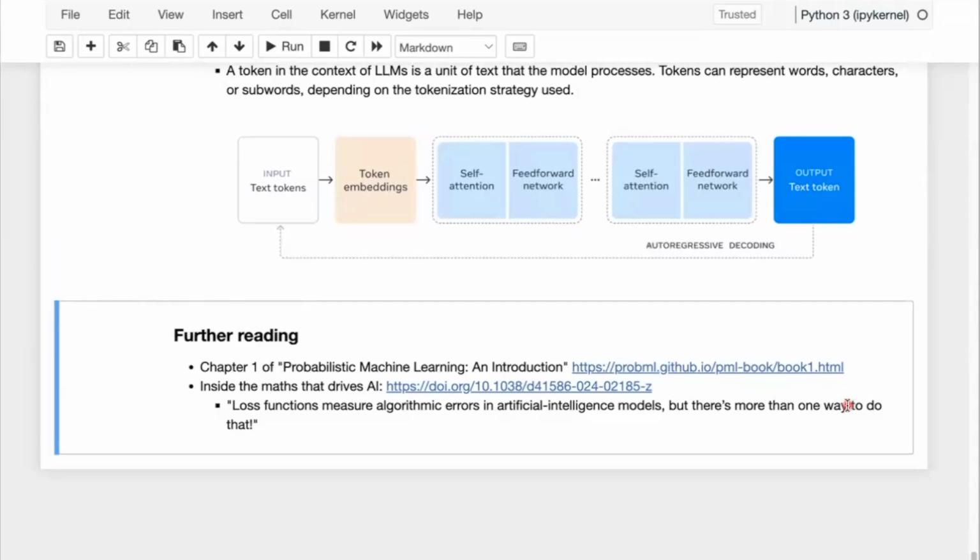And since we talk a lot about loss functions and cost functions, I found this article, which I think is really interesting because it talks about the importance of the choice of loss function and how there are usually multiple loss functions for a problem. So that's something that I encourage you to read.